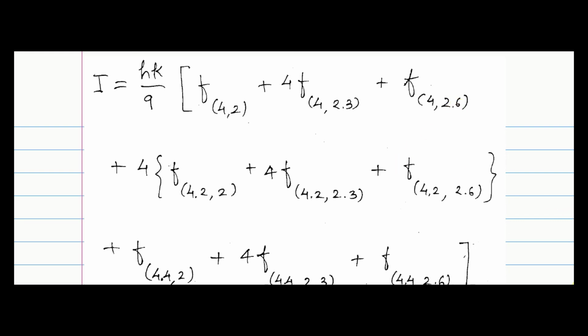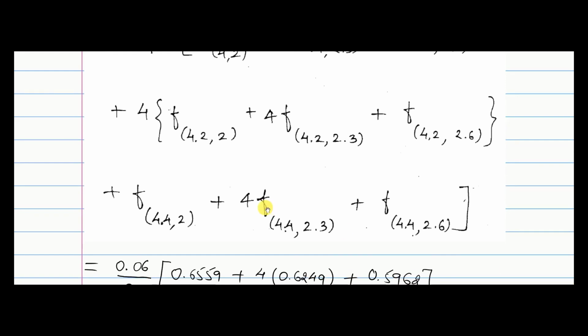In the same way you can go further. So now see, here it was 4, here 4.2, and now 4.4. So the third entry will be 4.4: f(4.4,2) plus 4 times f(4.4,2.3) plus f(4.4,2.6).